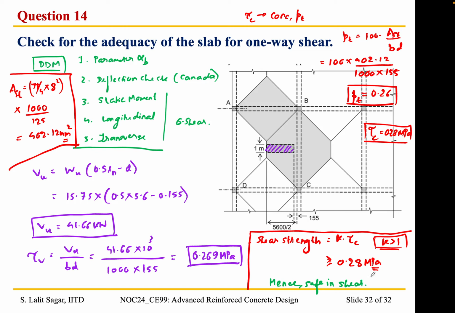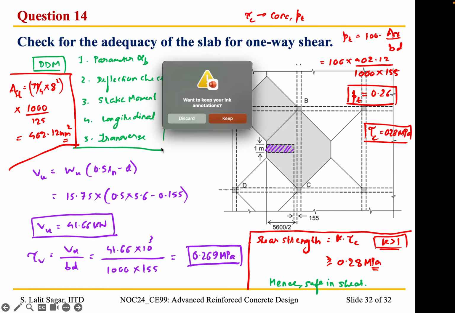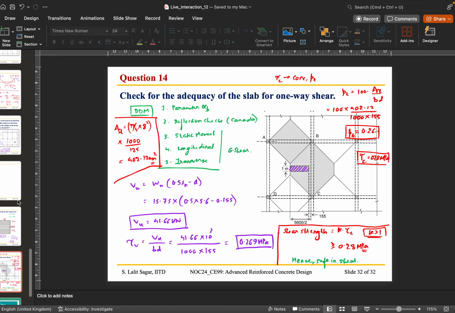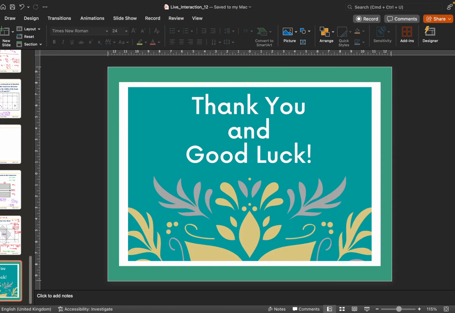So the provided depth of the slab and the reinforcement is adequate to safeguard the slab against shear. Okay, so with that we will come to the end of this session.